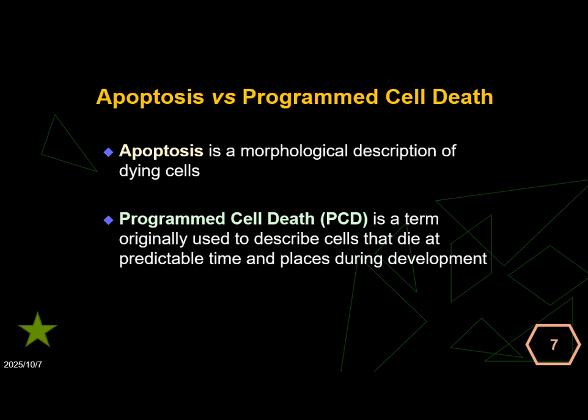Okay. Now here's the stuff. So apoptosis is a morphological description of dying cell. It's dying. Okay. Programmed cell death, or PCD, is a term used to describe the cell that die at predictable time and place during the development. So it was originally coming from developmental biology, when scientists find that there are cells died in the process of development.